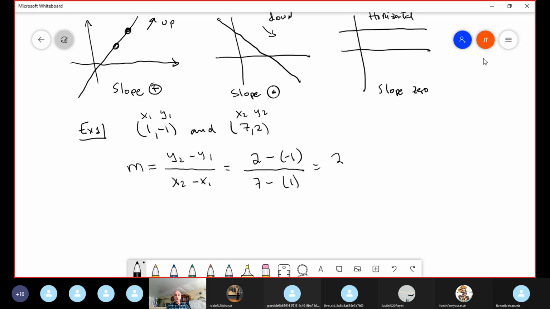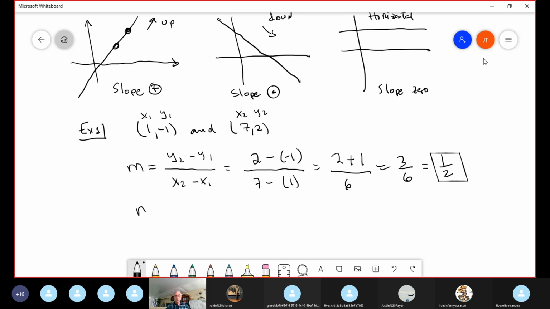So 2 plus 1, because double minus becomes positive, no? 7 minus 1 is 6. This is 3/6. When you reduce to lowest terms, you always have to reduce to lowest terms, it's 1/2. And the slope is 1/2. Okay, 1/2 is positive, that indicates that the line goes up.